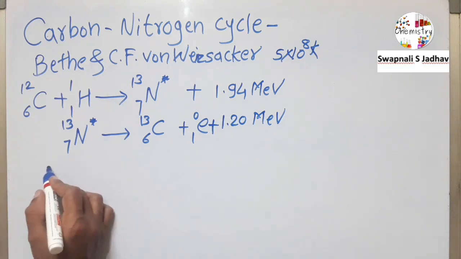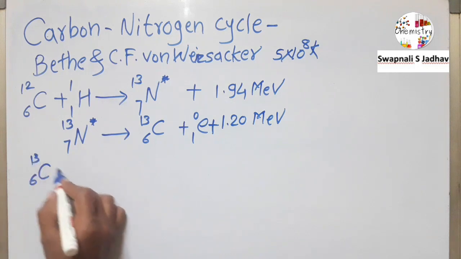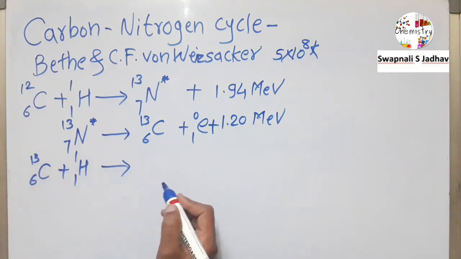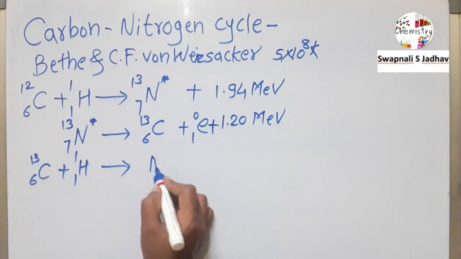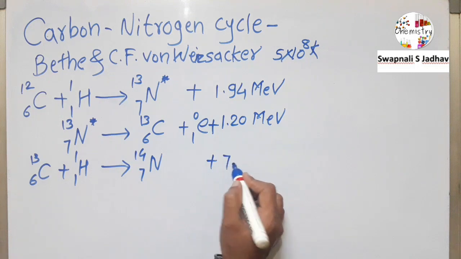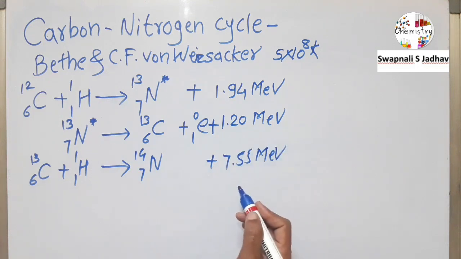Then this carbon 6 13 combines with a proton, and there is formation of nitrogen 7 14 plus 7.55 million electron volt energy.